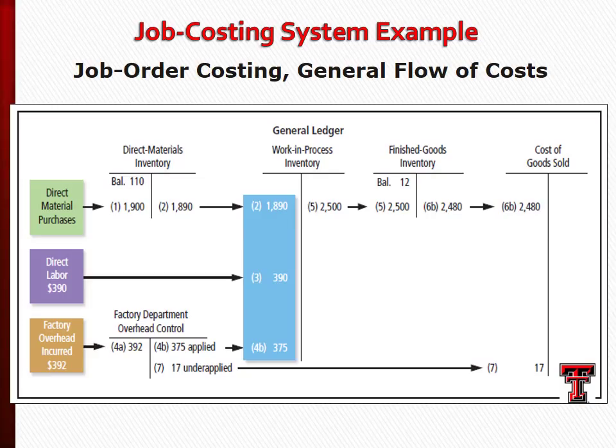All right, this is a summary of how information flows through an accounting system. I know for this course we do not want to get bogged down into individual transaction entries, but just a big picture overview. What this slide shows you are three fundamental inventory accounts: direct materials, work in process, and finished goods.